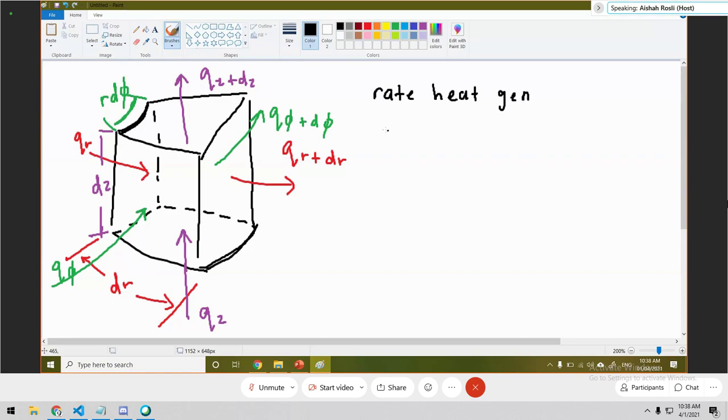So the rate of heat generated, if you remember just now, is equal to the volumetric rate of heat times the volume. In the Cartesian coordinate case, it's pretty easy because it's dx times dy times dz.